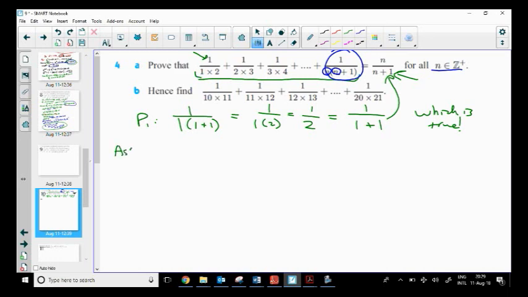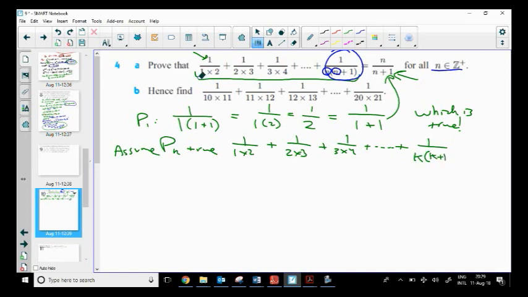So we're going to assume p sub k is true. So that means 1 over 1 times 2 plus 1 over 2 times 3 plus 1 over 3 times 4 plus all the way over here to 1 over k times k plus 1. That should be equal to k over k plus 1. We're going to assume that is true.